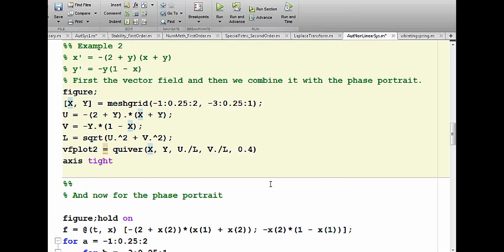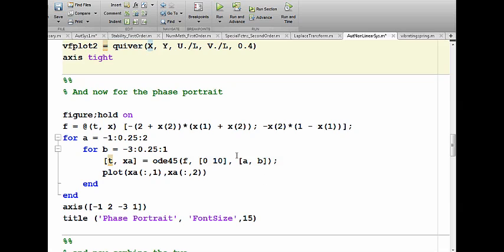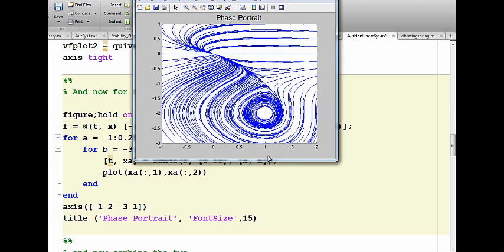And next, let's draw the phase portrait. And yep, there's a saddle point, and this looks like a spiral point, and here's a node. Curves coming around here, some curves going in there, curves coming in like this.